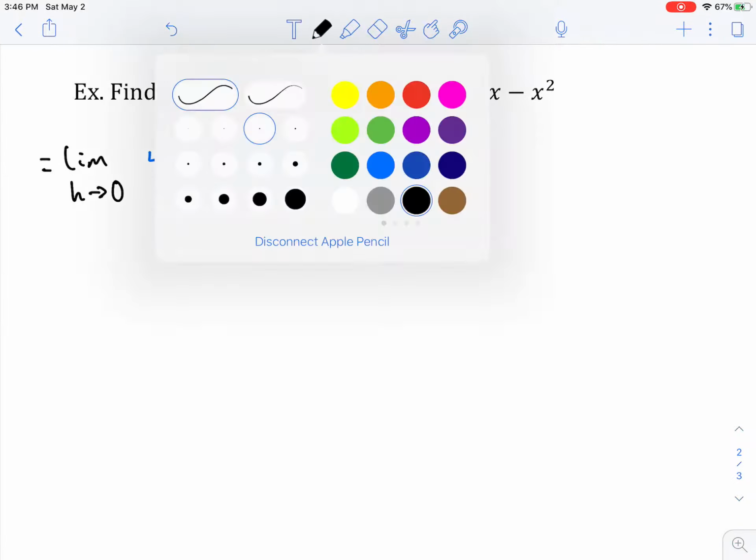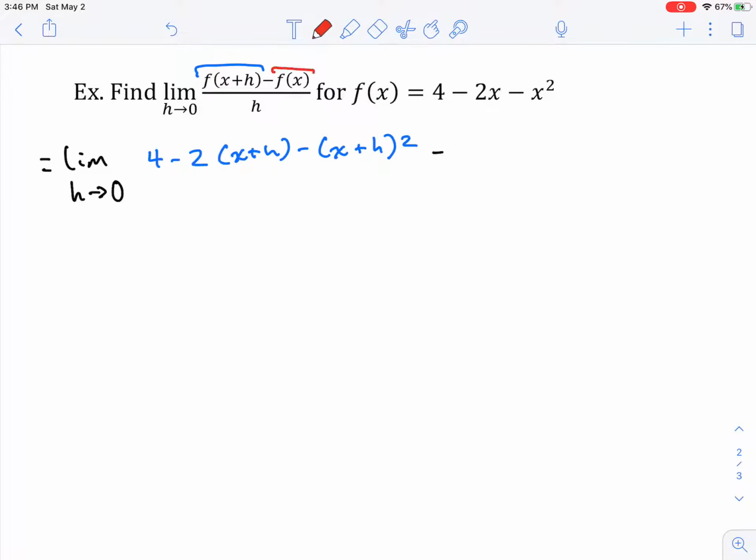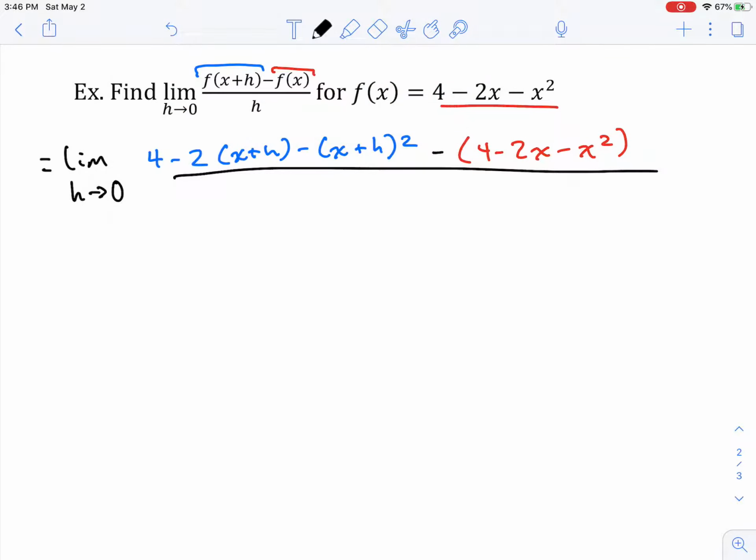Now, we're going to subtract what f of x is. And let me use red to highlight what I'm about to write as our f of x. Well, what is f of x here? Being really careful with our parentheses, f of x is just this right here. So we've got 4 minus 2x minus x squared. And all of this is over h. All right, so we're going to need to expand this out.